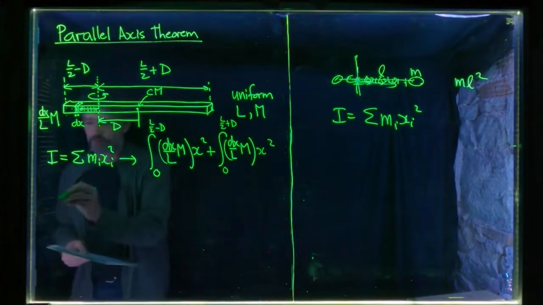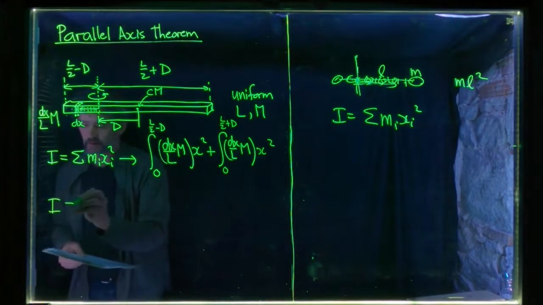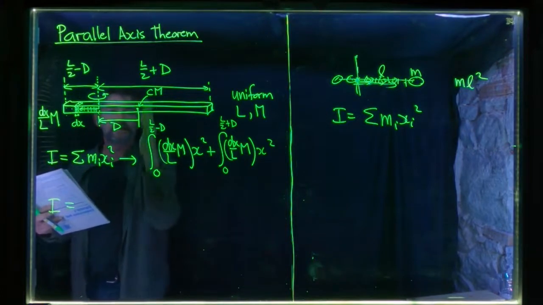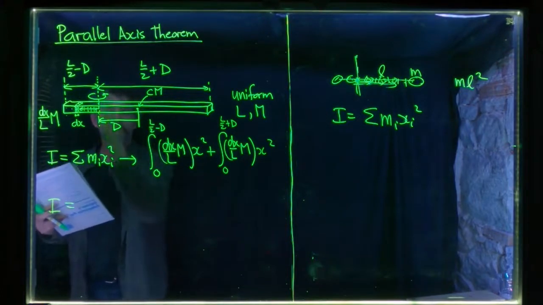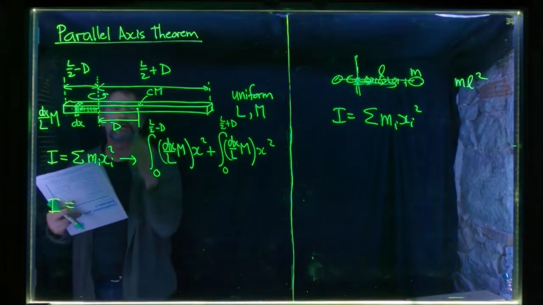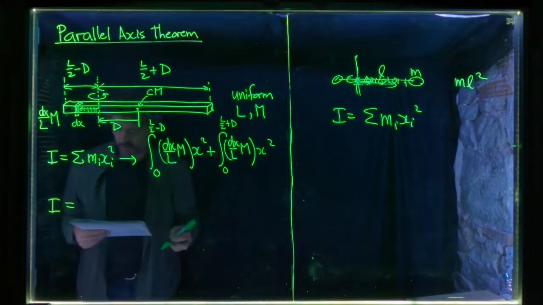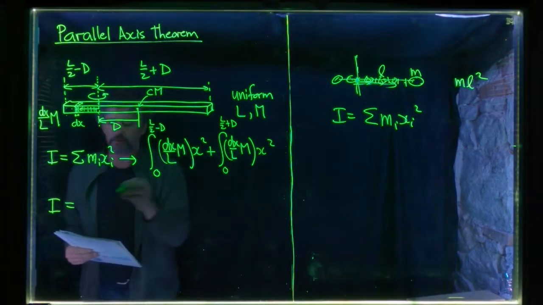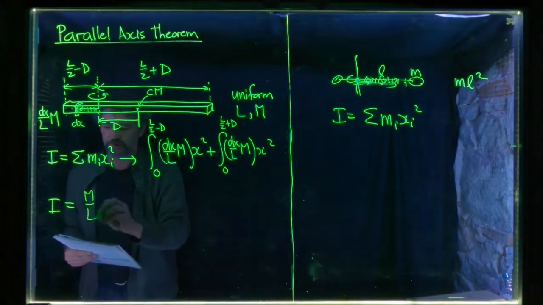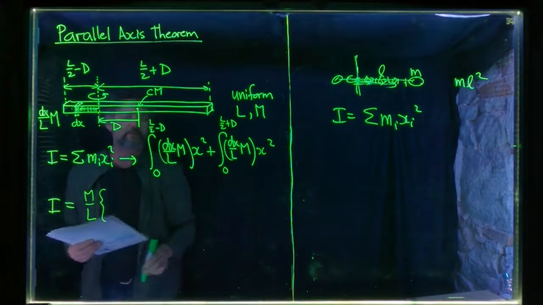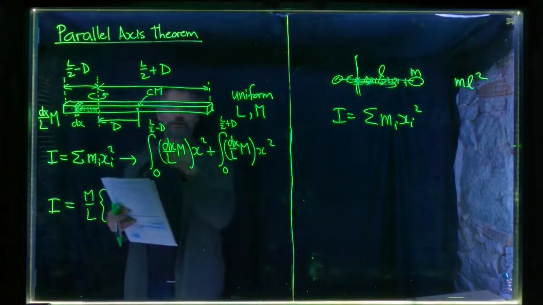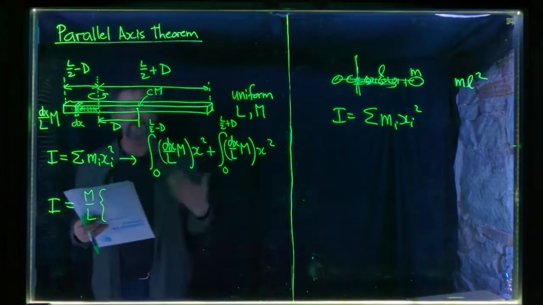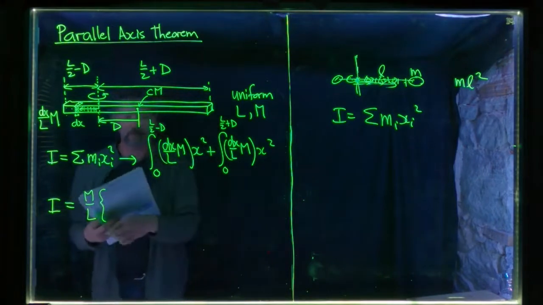Okay, so we get that. And so then the moment of inertia for this rod rotated about this axis, a perpendicular distance d from the center of mass, is equal to, so in here we have an m over L, that's a constant that we can pull out of the integral. So it's m over L times some stuff. And that stuff is the integral of x squared dx. The integral of x squared is x cubed divided by 3.